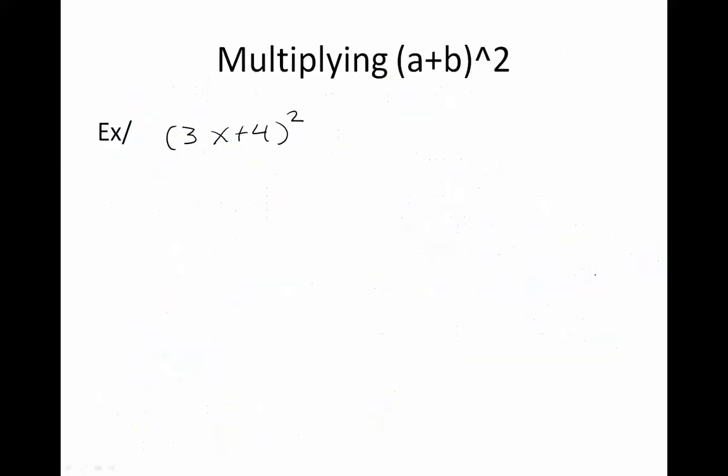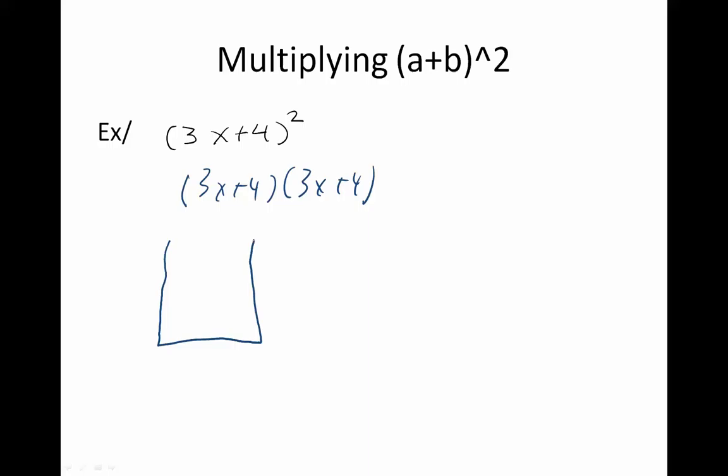Let's do a couple of examples. So (3x + 4) squared is (3x + 4) times (3x + 4). We did the last one with distribution, so we'll do this one with the box. Both are very legitimate methods.